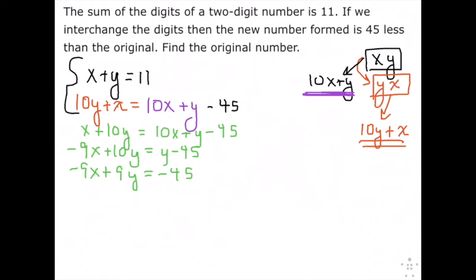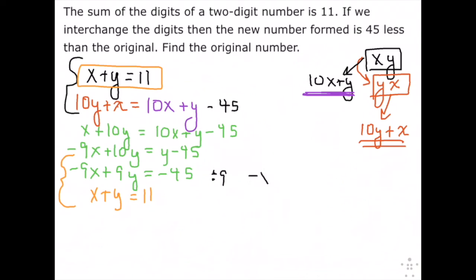So there's this equation, and then again, I have the original equation right up here. This is the original, and I'm going to write it down here so that I have my system. So here's my system with the bottom equation simplified. All right, so now I have to be able to solve this. I think it's easiest if I divide both sides of the top equation by 9. So let's do that.